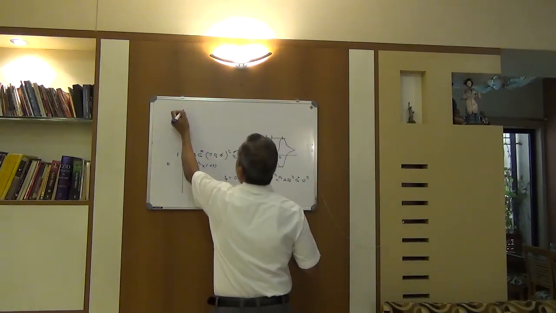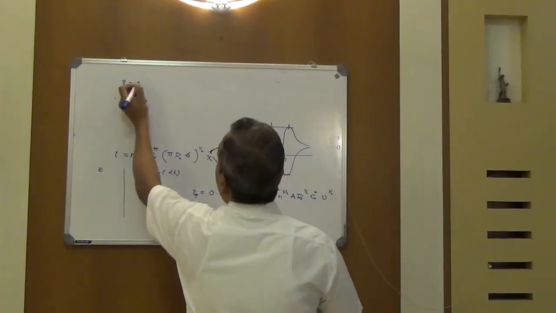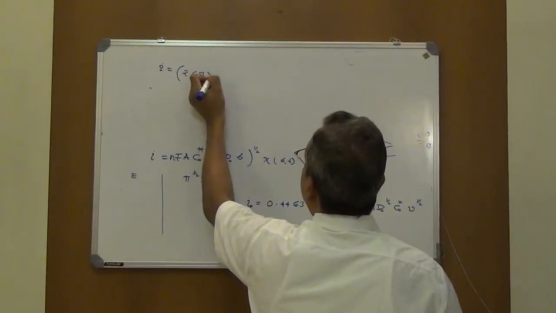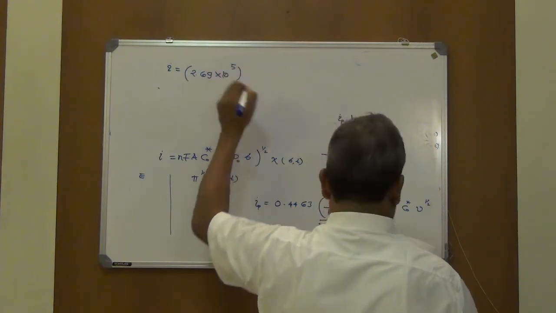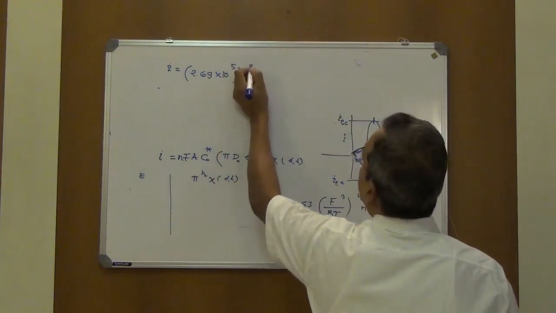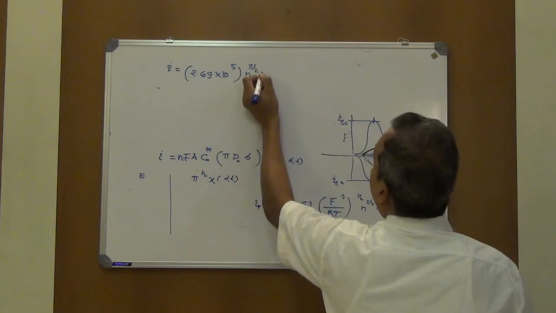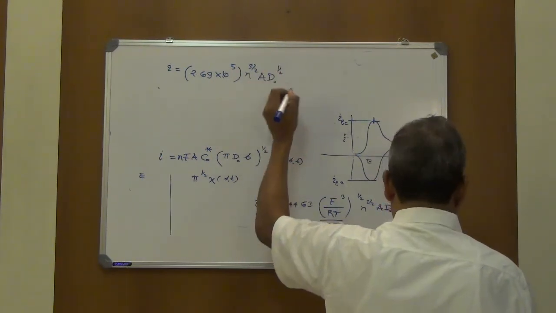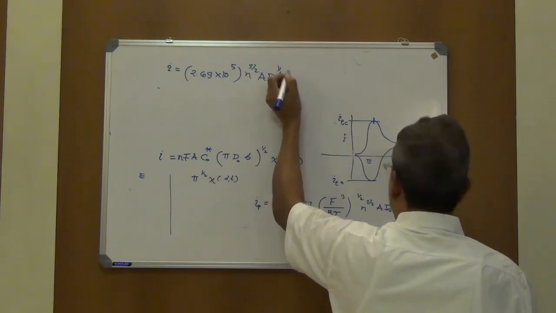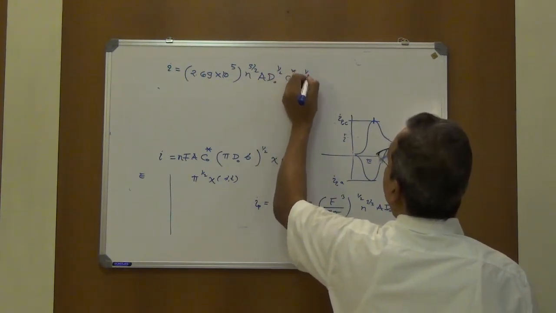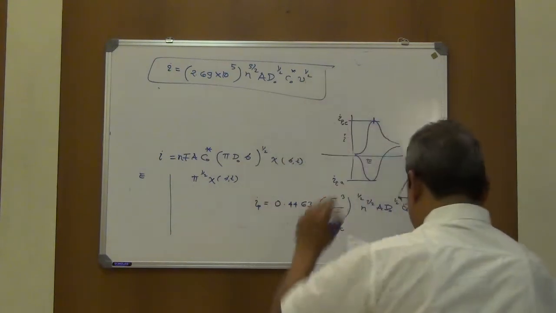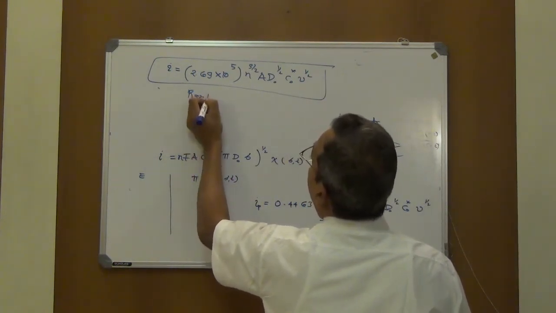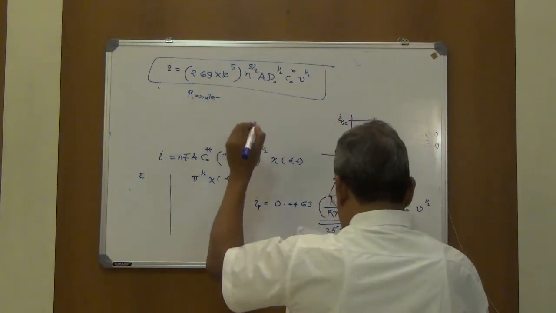That is, I is equal to 2.69 times 10 raised to 5, n raised to 3/2, area, diffusion coefficient raised to half, C_O star and scan rate raised to half. This equation is called the Randles-Sevcik equation.